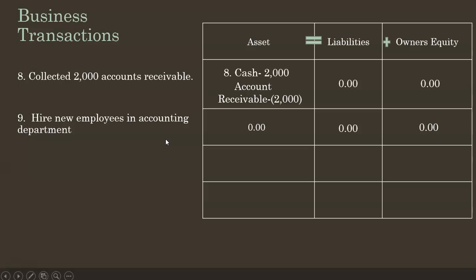Okay? So let us now proceed to transaction number 10. Paid the amount due from Meralco. Oh, walang amount na nakalagay. But there is a word paid. So, nagbayad ka. You have to check how much our accounts payable to Meralco. Okay?